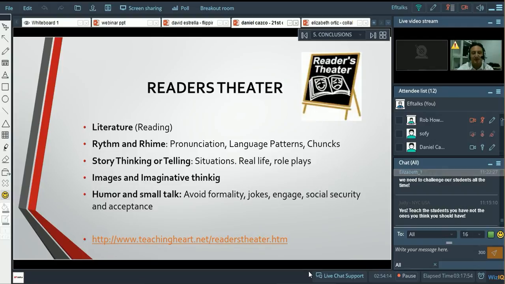Or I'm using another technique with this, which is Pecha Kucha, where the students have to present, in 20 slides, 20 seconds per slide, what they read or what they understood about the story.